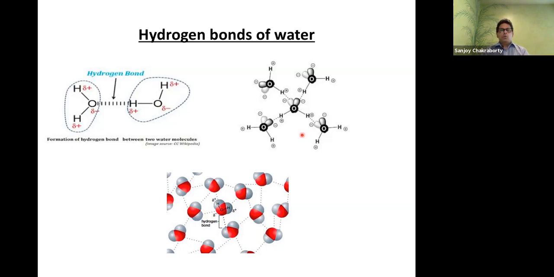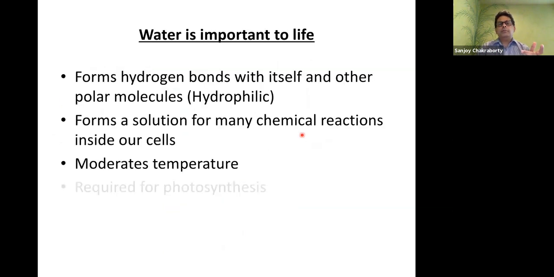It changes water's solvency, meaning how universal a solvent it is. Water can have cohesion, adhesion, chemical reactivity, and thermal stability. All these things make water an amazing molecule for life. So we need to know a little bit about water's properties.